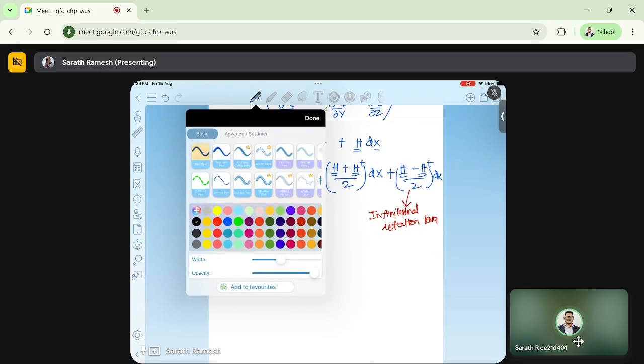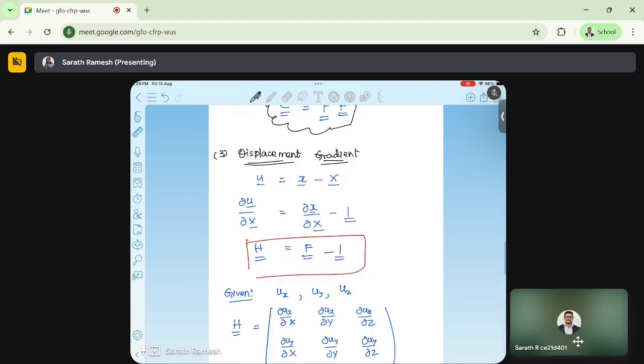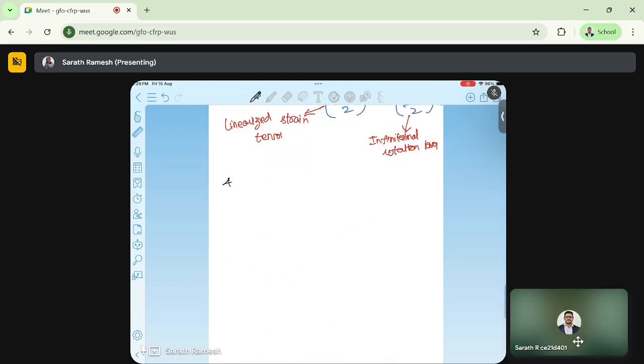And the next concept that we need, the fourth one, is stretch ratio. Now, what is stretch ratio? It's represented by lambda. Suppose I have a direction vector A and I want the stretch ratio along that particular vector A. It is defined as the current length of that particular line divided by the original length, or line length in the reference configuration.